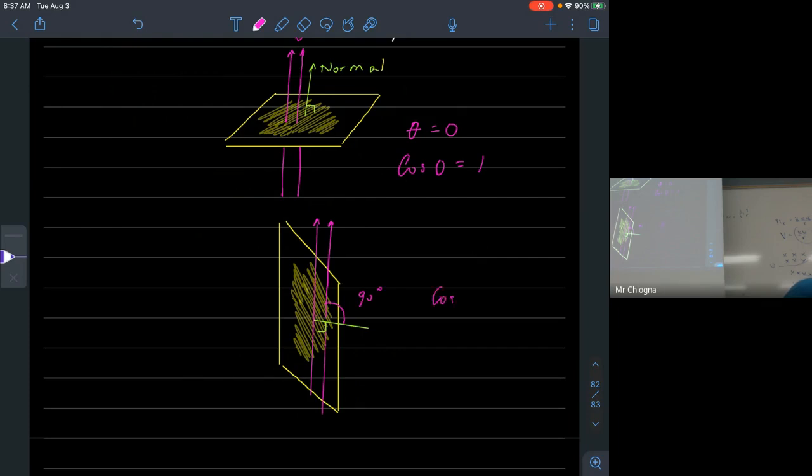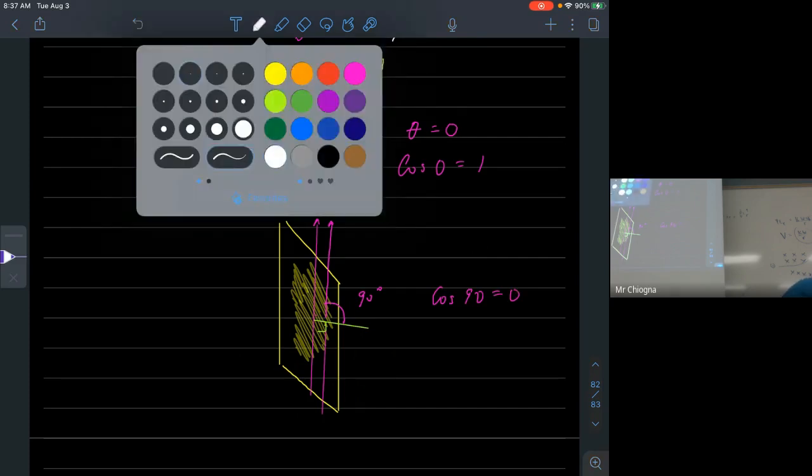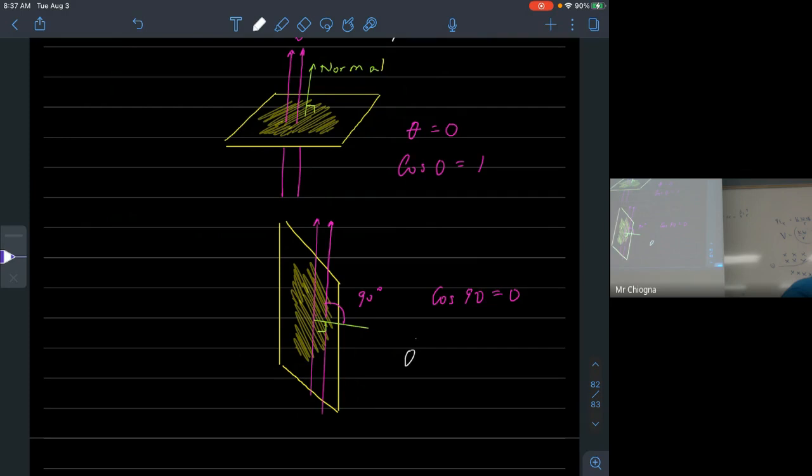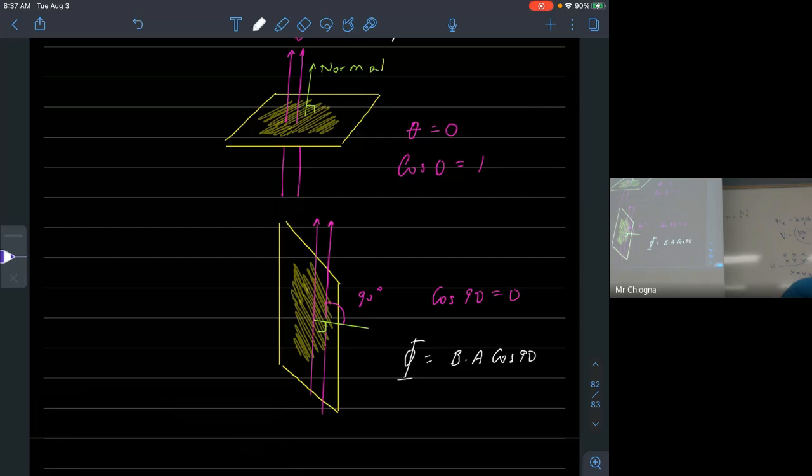Cos of 90 is 0. In this case, that's 0. 0 times anything is 0. Flux is 0 in this case. Just so you're aware of that.